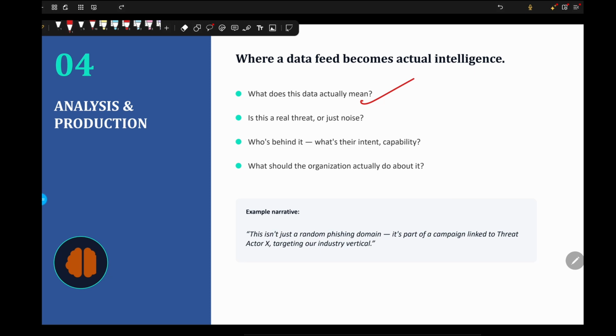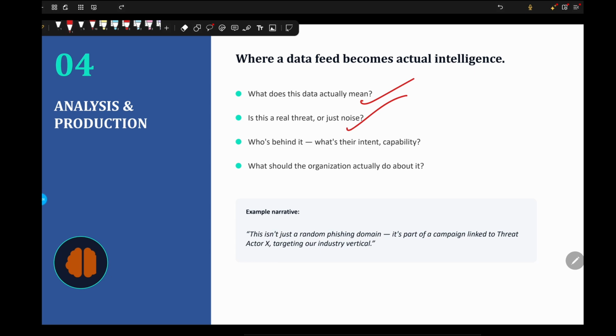Does this contain any meaningful information that we need? And so on and so forth. And is this a real threat or just noise? Whether the data contains some information that could be used by your organization, or it poses a threat to your organization.